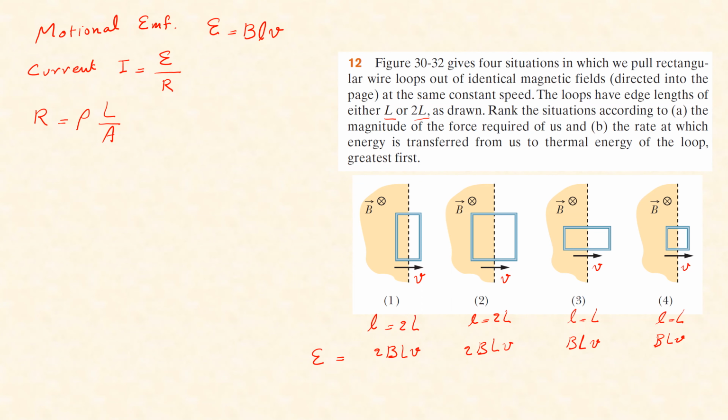In this case, let me call this also the length here. So what is the total length? This is L, the 2L, and L, and 2L. How much is the total length? It's 6L.